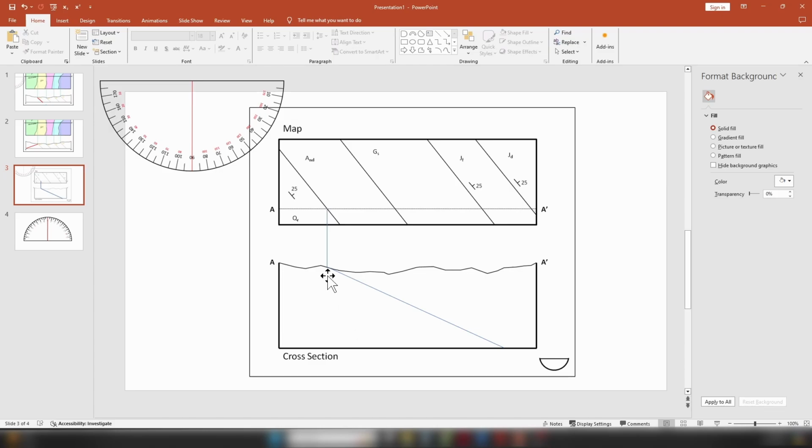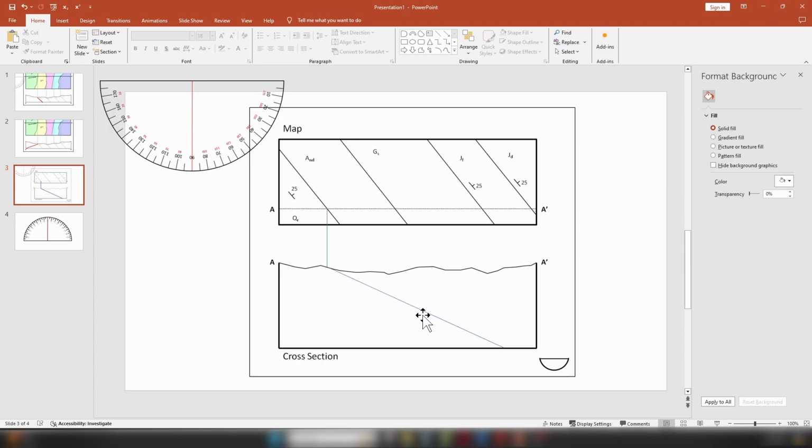Now, the most important thing is you probably worked this out, but I'm just going to make sure you understand that when you look at the dip of our layer of rock, we know the direction of dip from the dip direction on the map. So once again, the dip direction for these 3 dip and strike symbols is pointing towards the right-hand end of the map. That means that the dip for these boundaries is going to be going towards A prime.